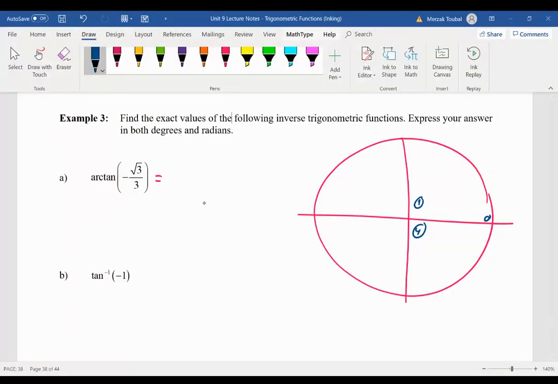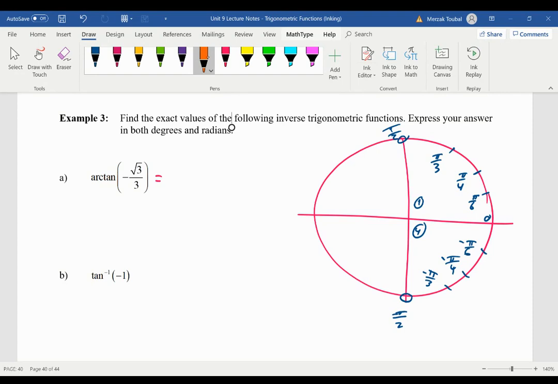So zero angle, pi over 6, pi over 4, pi over 3, and then you got negative pi over 6, negative pi over 4, negative pi over 3. And then we write negative pi over 2 and pi over 2. However, the tangent is undefined at these two places, so let's put open circles, and we'll see what happens.